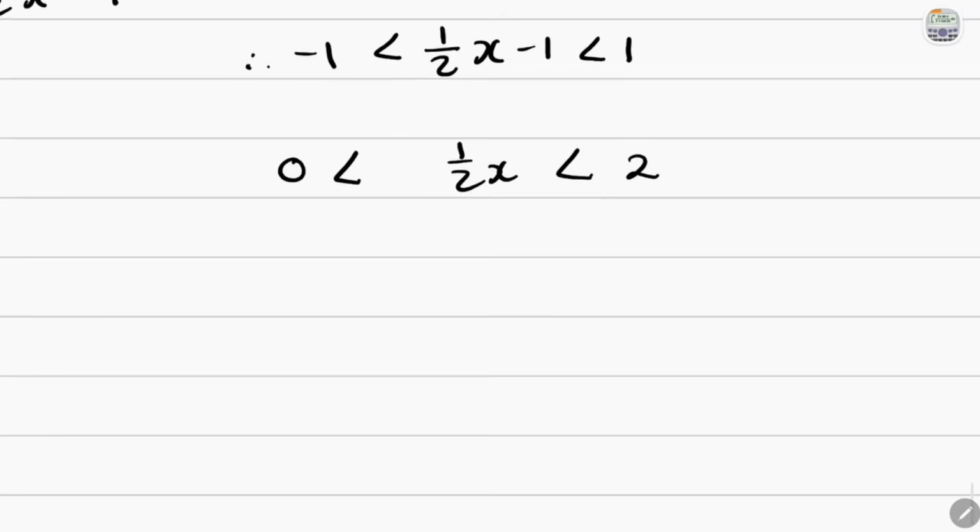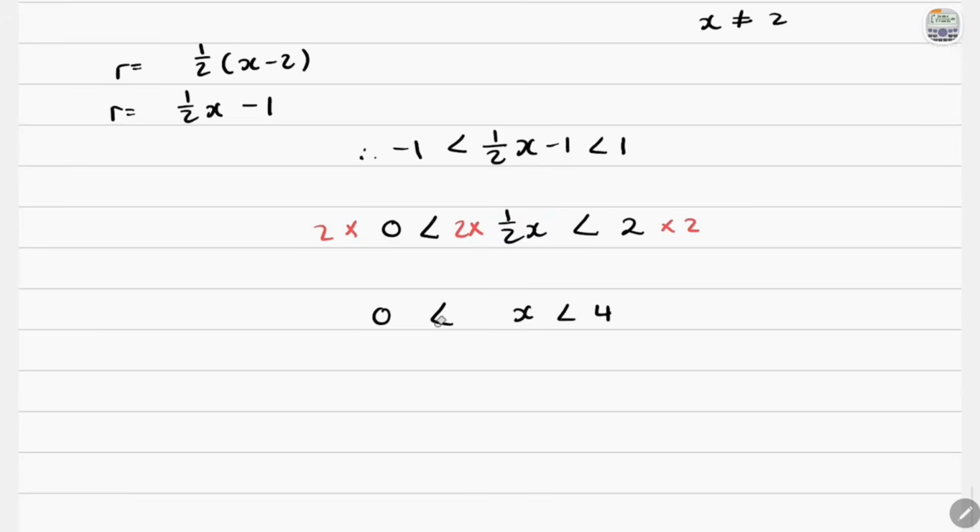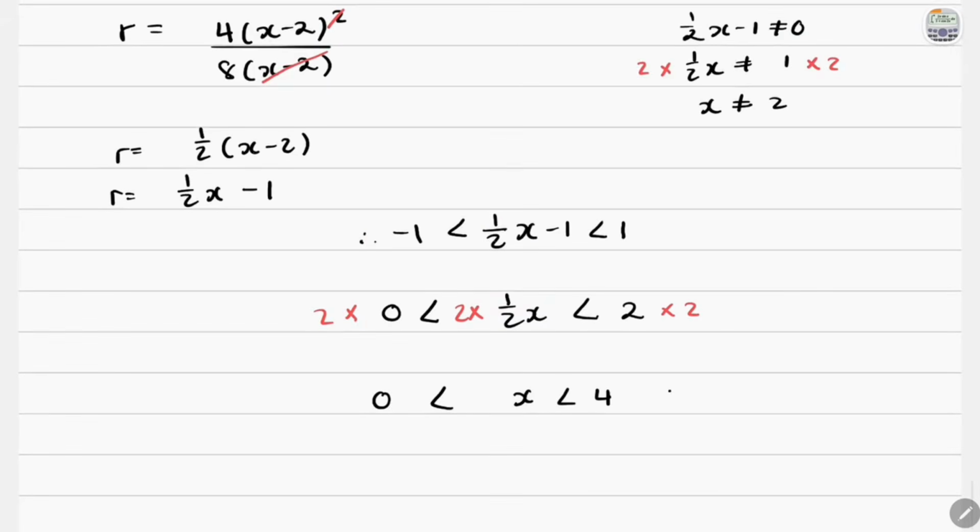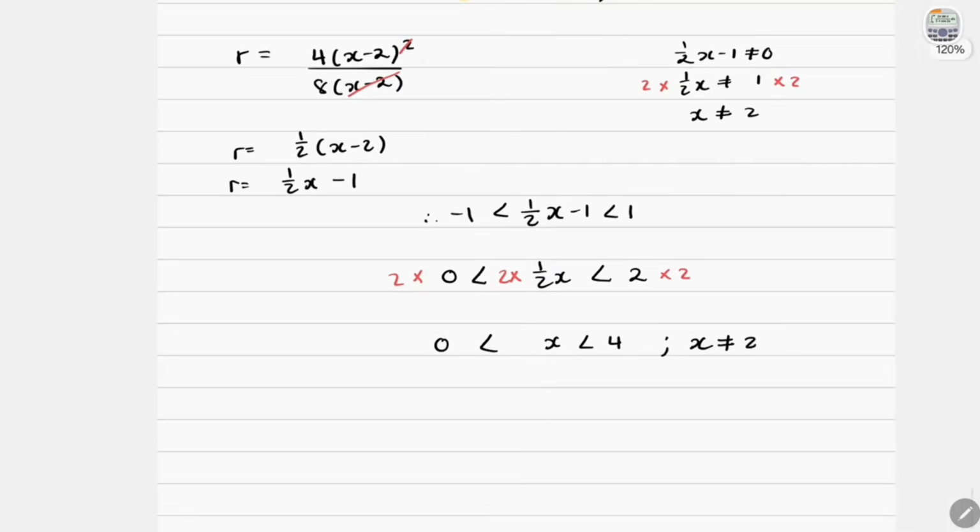Now to solve for x, we need to get rid of the half, so I'll multiply all sides by 2. Here we still have 0, here we'll have x, and here we'll have 4. So for this series to converge, x just has to be greater than 0 but less than 4, but x should not be equal to 2. And that is our answer.